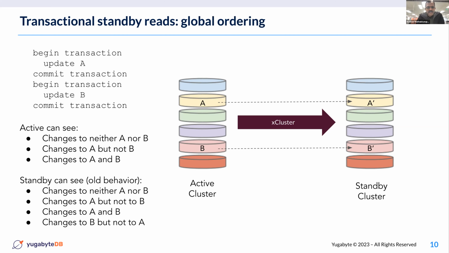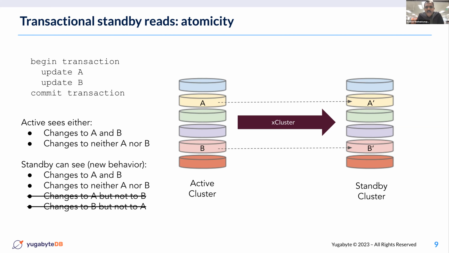Maybe I just wanted to call out the intuition behind this. Given that Yugabyte is a distributed database, the source cluster doesn't have a single transaction log to pull from, right? The transaction log is also distributed. So in the older version, we were still only publishing committed changes on the standby cluster, but the ordering could arrive out of order.